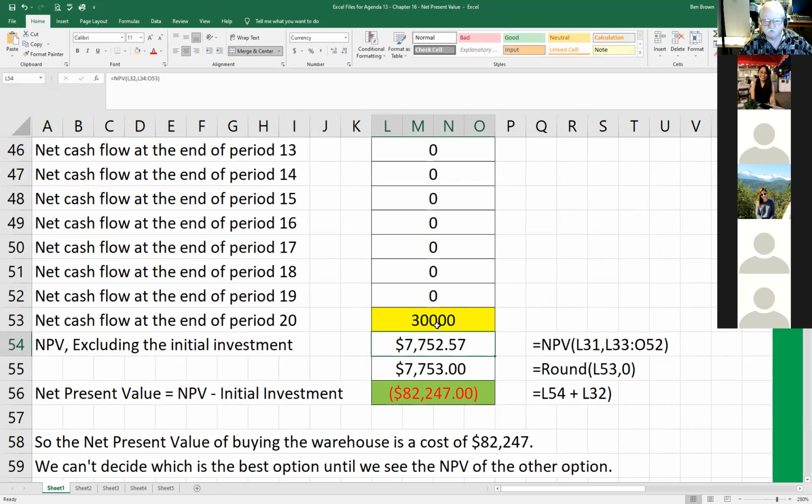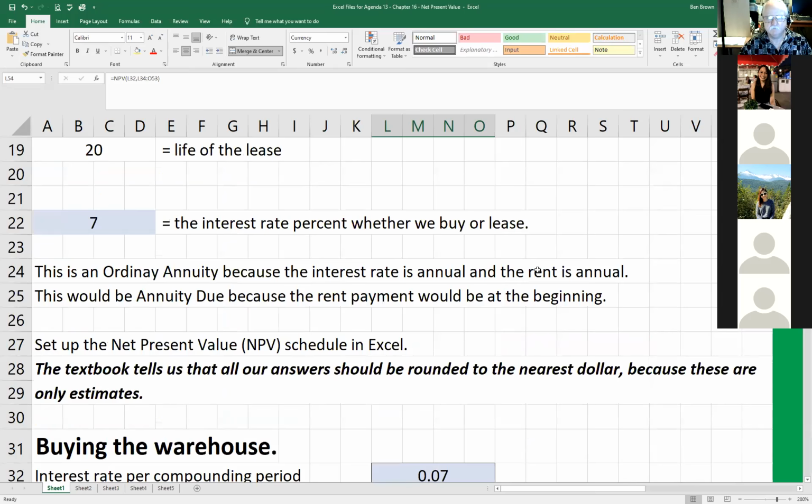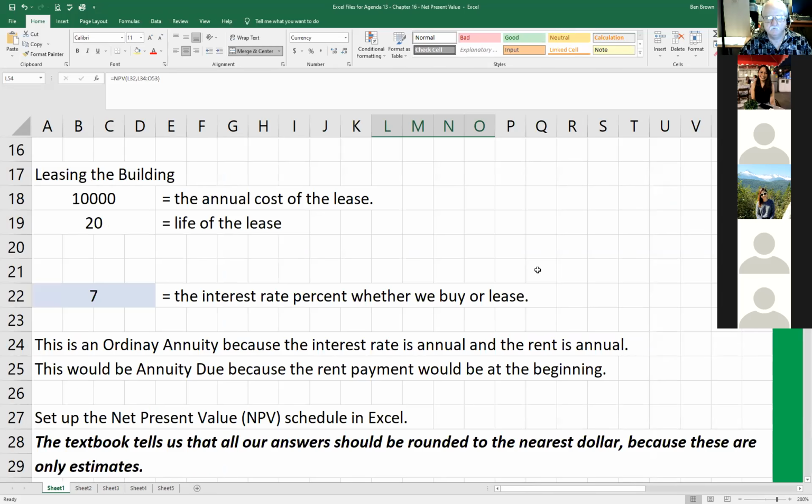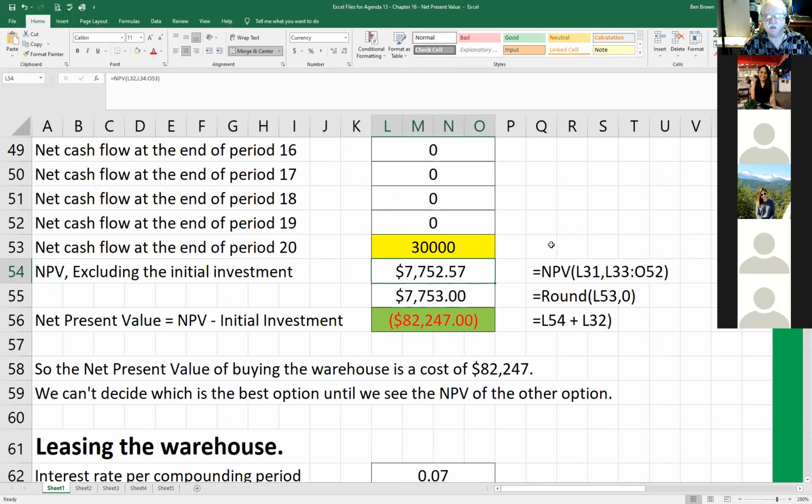So it turns out that the present value of 30,000 is about 7,752. In this chapter, they tell us that these are only estimates, and so we're always rounding these things to the nearest dollar. It should make it a little easier, but that's what we've done.